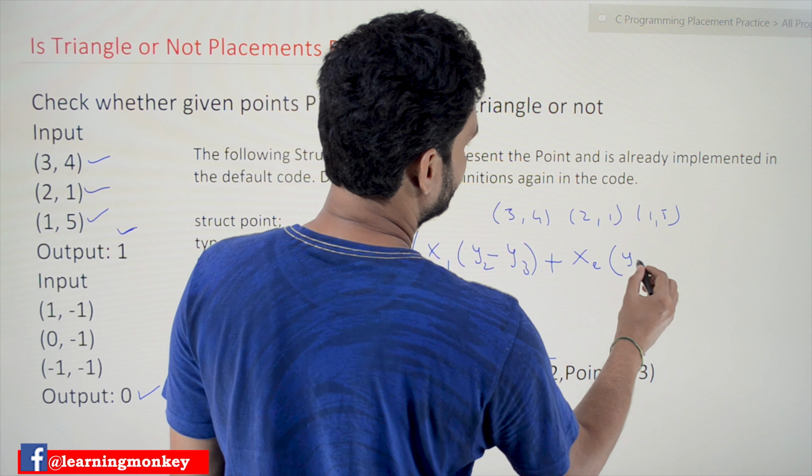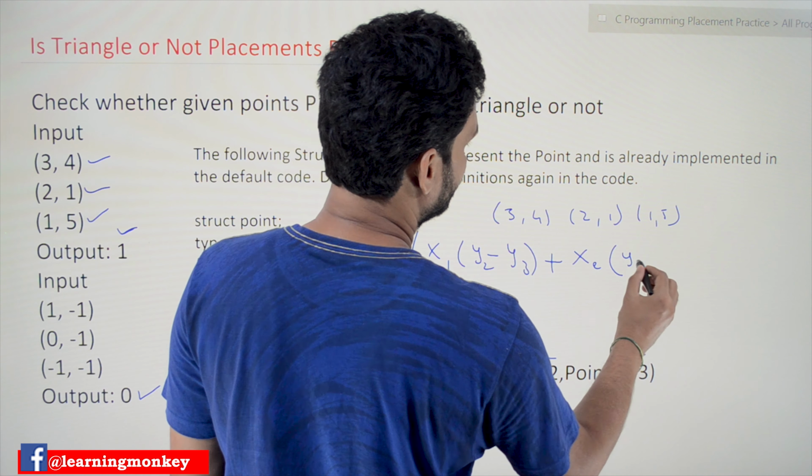This is the formula used for finding the area of a triangle by using 3 coordinates, 3 points. By substituting all these 3 points, if we get the area as 0, it means all these 3 points are in a straight line.